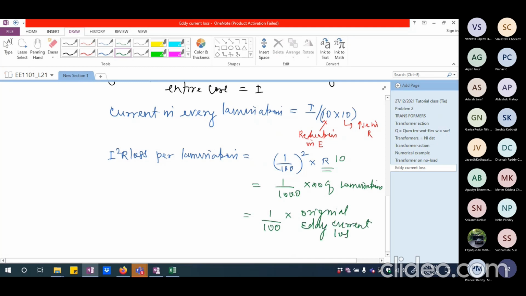So if I am going to have n laminations, I'm going to reduce the eddy current loss by a factor of 1 by n square when I am comparing this with the original eddy current loss that the transformer was having with the solid core. So this is the total eddy current loss for all laminations.